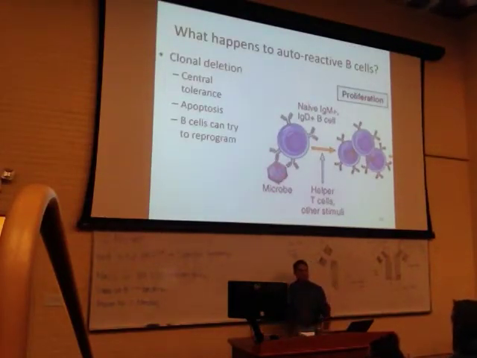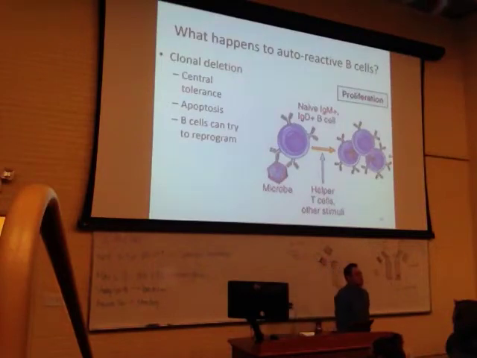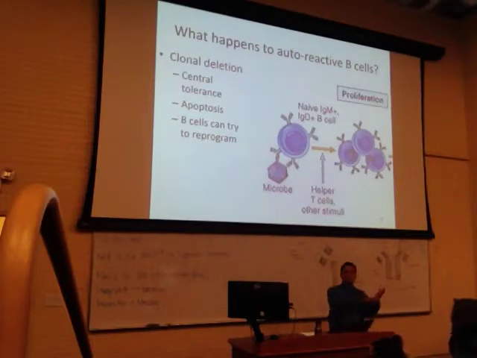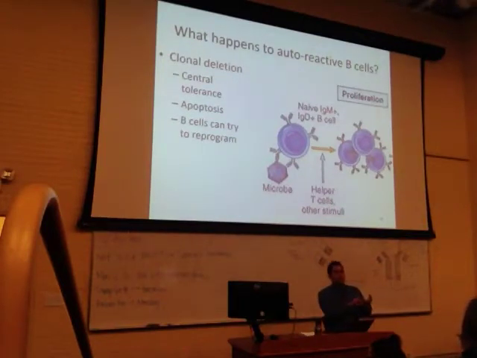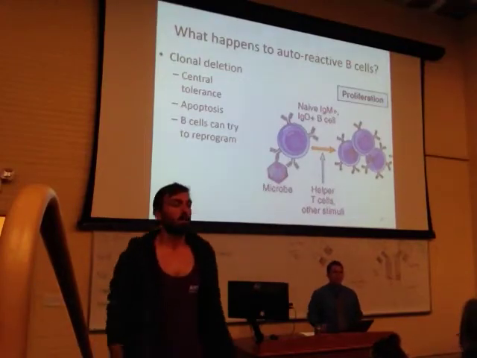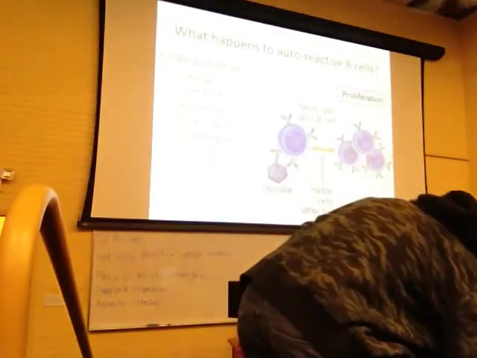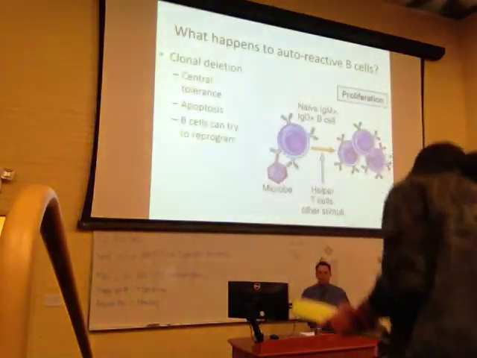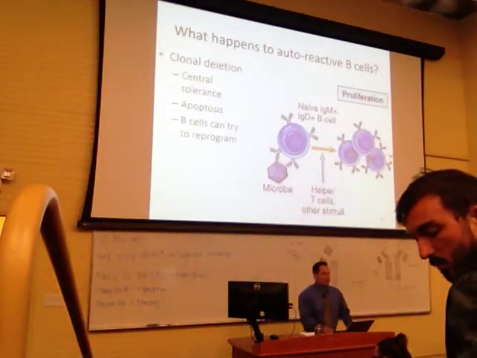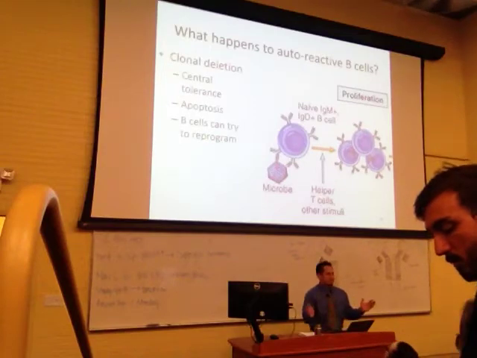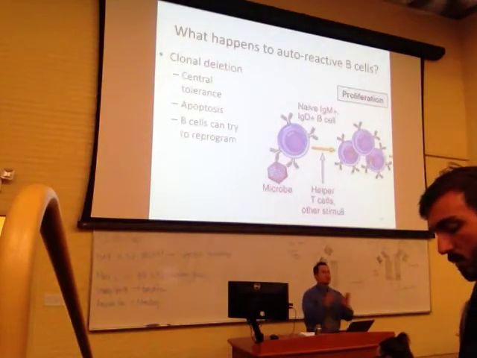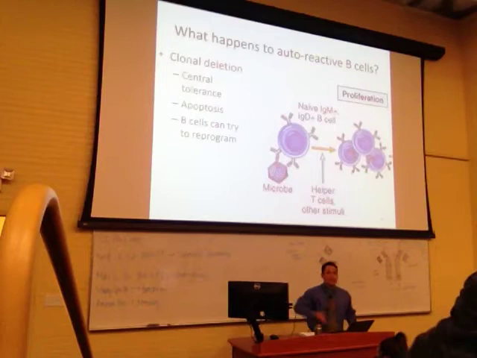So sticking with the theme of B cells, let's talk about this concept of clonal deletion. We talked about T cells, and how they have central tolerance and peripheral tolerance. Central and peripheral tolerance are very good things, because the body goes through this clonal diversity and manufactures all sorts of different variations of T cells and B cells.